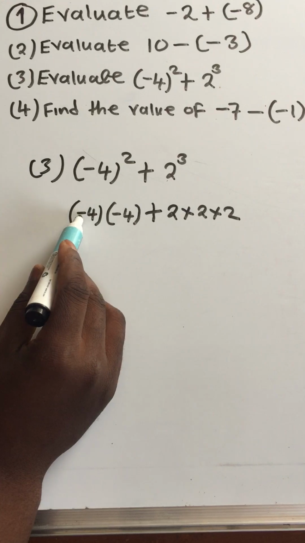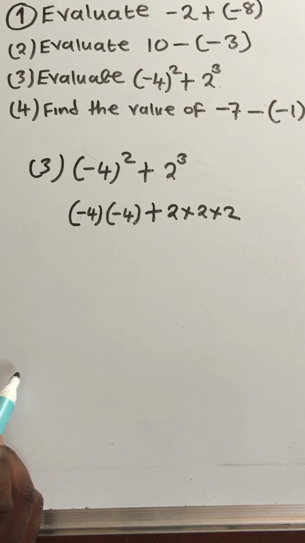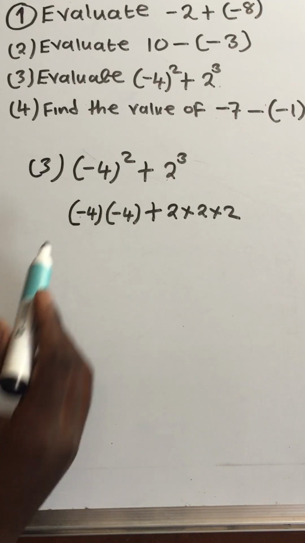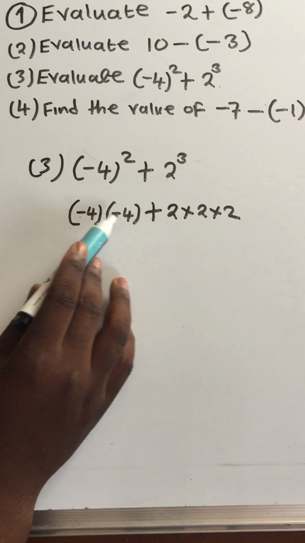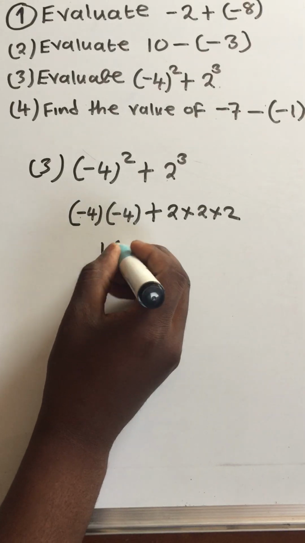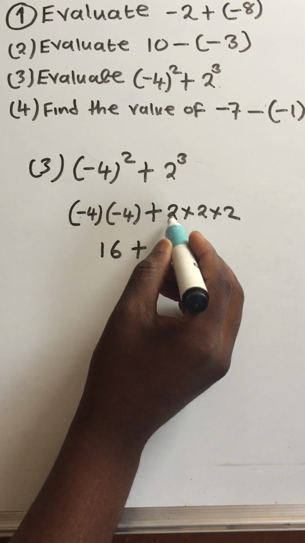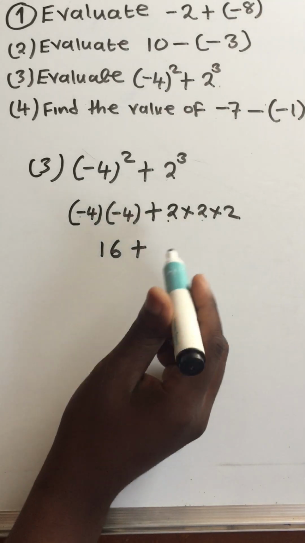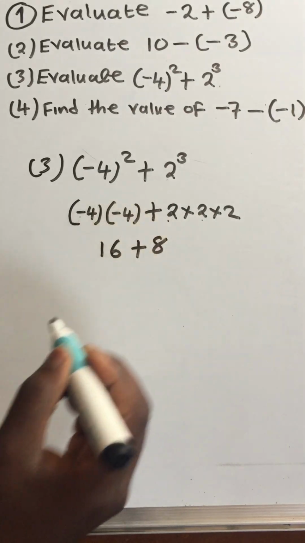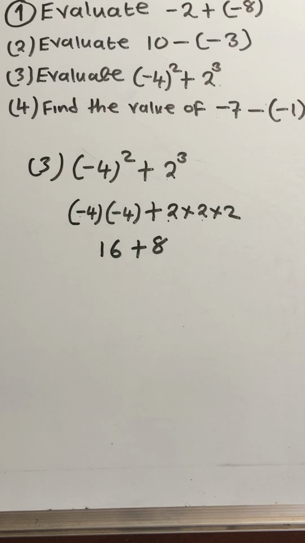So what is negative times negative? It's a positive. So negative times negative, it's a positive. 4 times 4, it's 16. Plus 2 times 2, it's 4. 4 times 2, it's 8. So what is 16 plus 8?